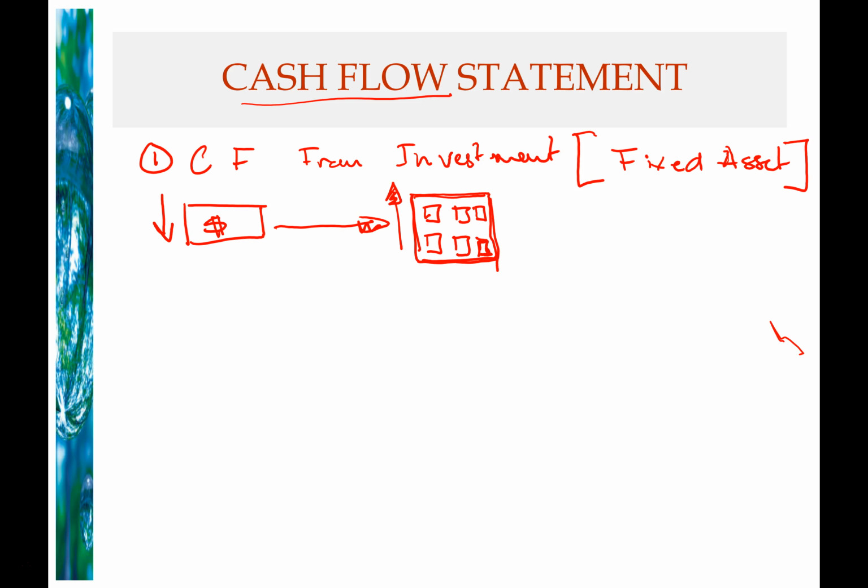So we'll say that you're building this new building, therefore you've got to spend the cash to build it, and your asset will increase by the same amount of money this building will cost you. So let's say this building is $500,000. You will spend $500,000 here to buy or build this building, and then on your balance sheet your assets will increase by $500,000 because now you have a fixed asset that is worth $500,000.